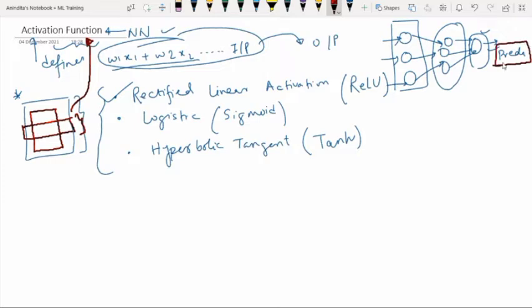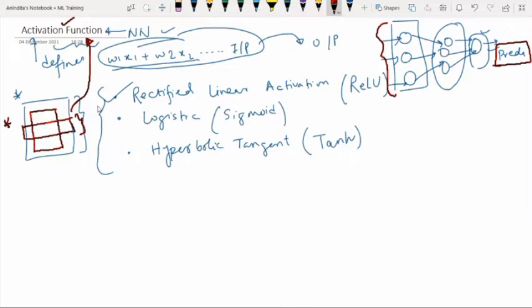Means what kind of prediction you are going to do, according to the need of that prediction, you can change this concept of activation function. Also, we can change this activation function depending on what kind of neural network we are using, whether a feed-forward neural network or a convolutional neural network. So my point is, depending on the network architecture, the type of activation function will differ.